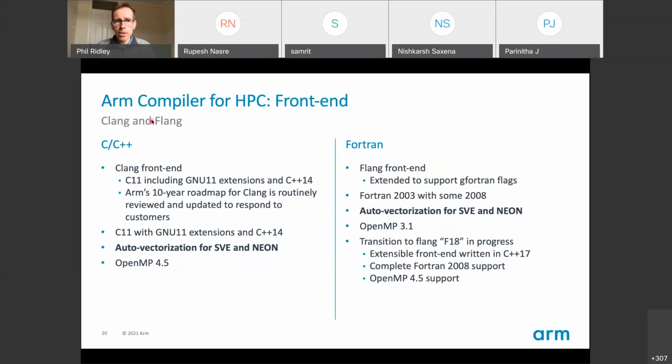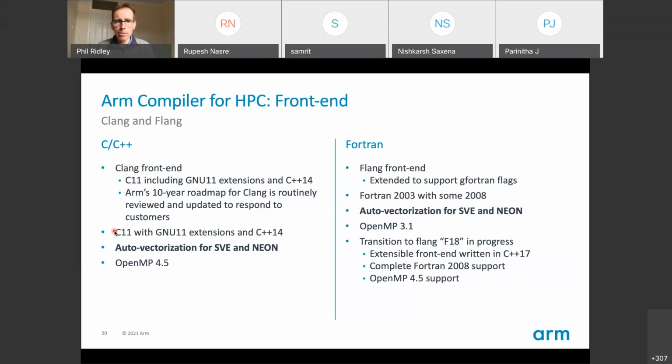So, in more detail about the ARM compiler for Linux. The ARM compilers are commercial compilers. In terms of the C++ compiler, it's based on an LLVM Clang front end. So if you're familiar with that, this should be quite well known.